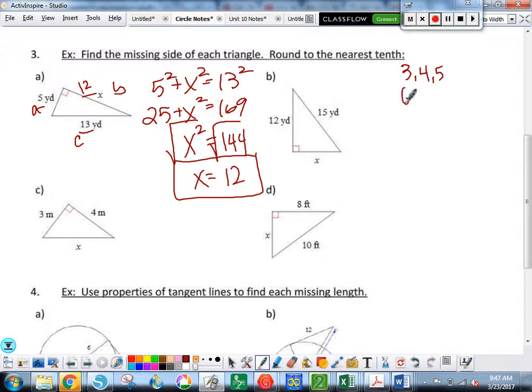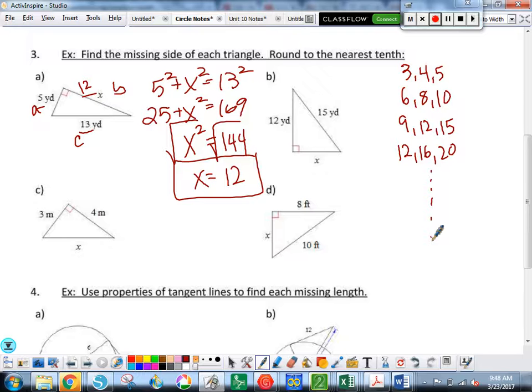If we were to double it, 6, 8, 10 would be a Pythagorean triple. If we were to triple it, it would be 9, 12, 15. If we were to quadruple it, it would be 12, 16, 20, and so on. So if you have two numbers, and this was 3 and this was 5, you would automatically know this one was 4 if you had those triples memorized. So it's kind of a shortcut.